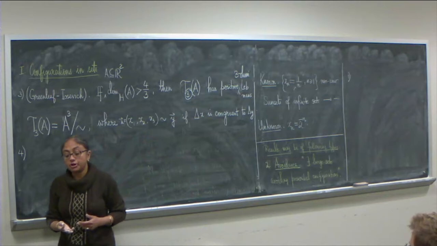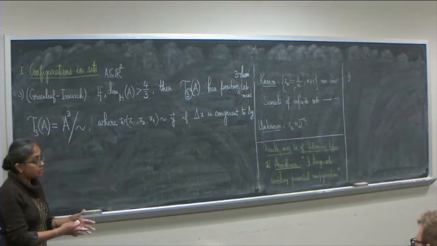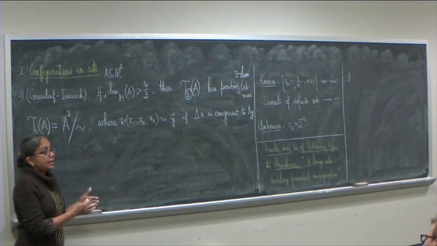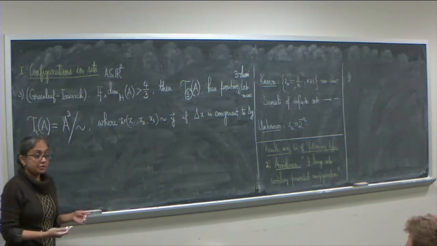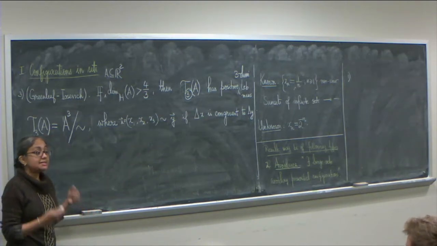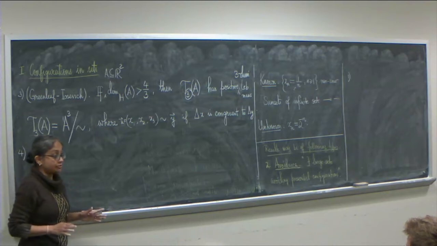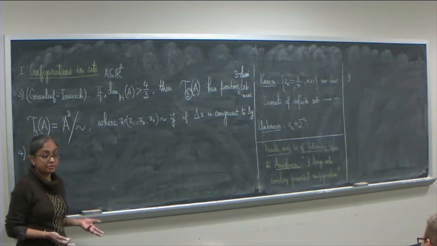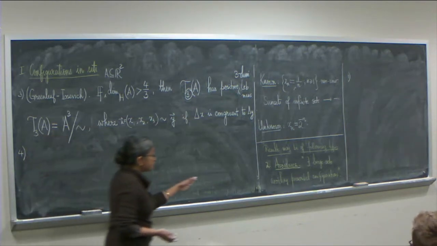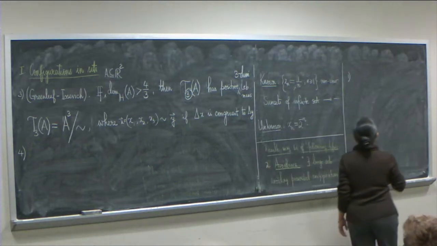Of course, the natural follow-up is that if you let go of the assumption of positive Lebesgue measure, allow sets of 0 Lebesgue measure but still full Hausdorff dimension, is it possible that such sets continue to contain affine copies of every finite set? So this first result that I'm about to mention negates that.